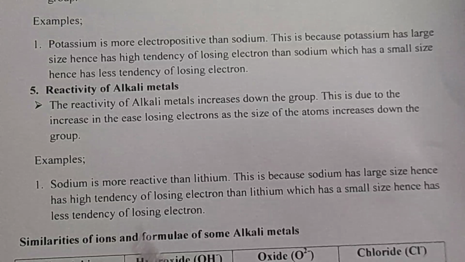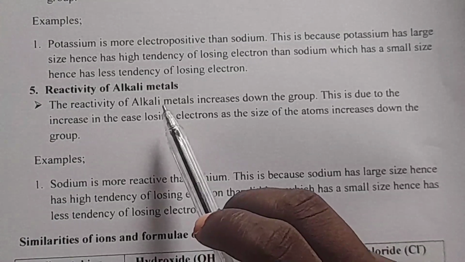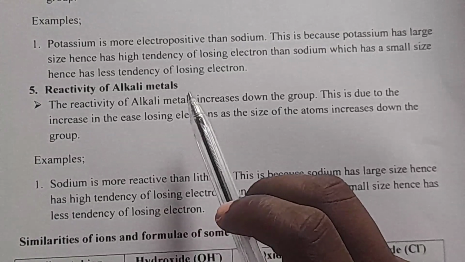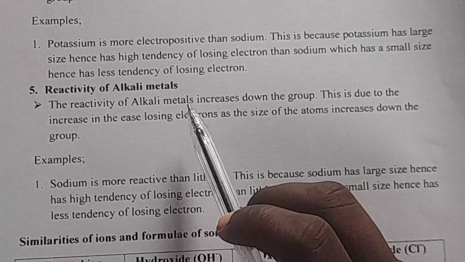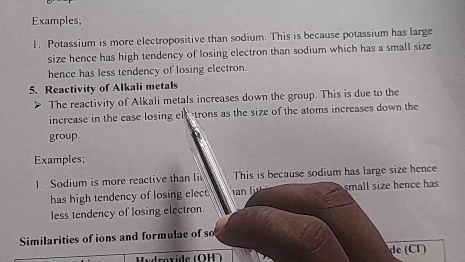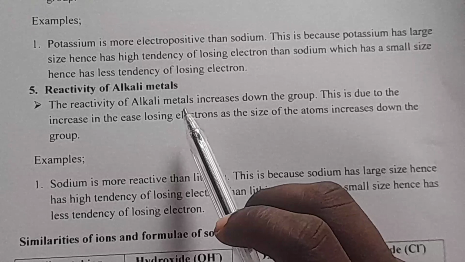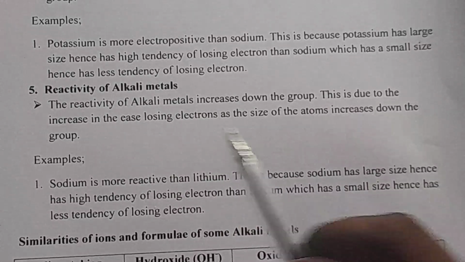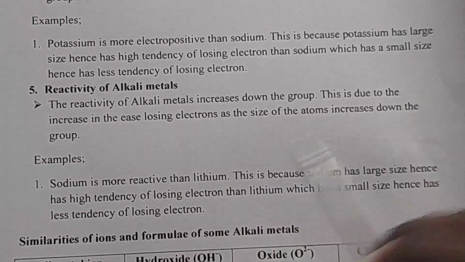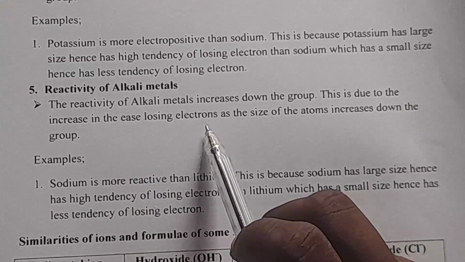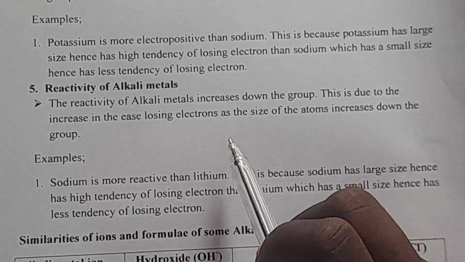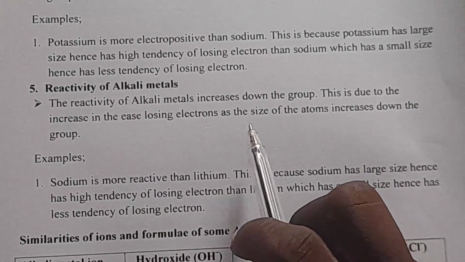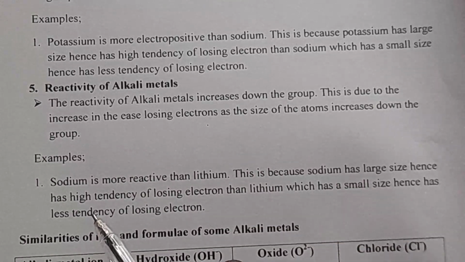An atom of an alkali metal that has the highest tendency of losing electrons has high reactivity. So the reason for this trend is the increase in the ease of losing electrons as the atomic radius increases down the group.